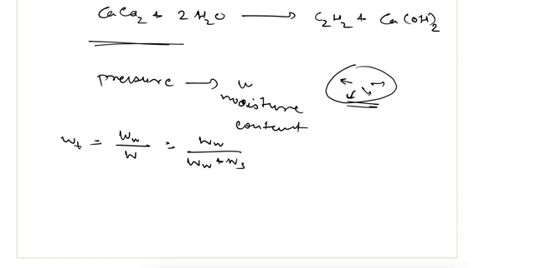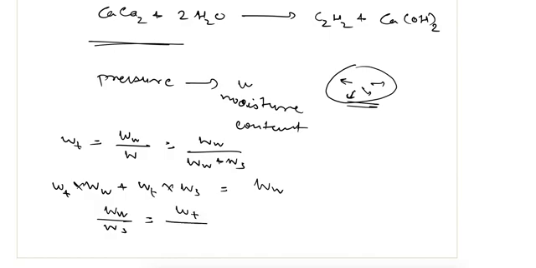If we solve this equation, it is Wt into W plus Wt into Ws is equal to Ww, and from here W upon Ws is equal to Wt upon 1 minus Wt. So from here we can get the actual moisture content.